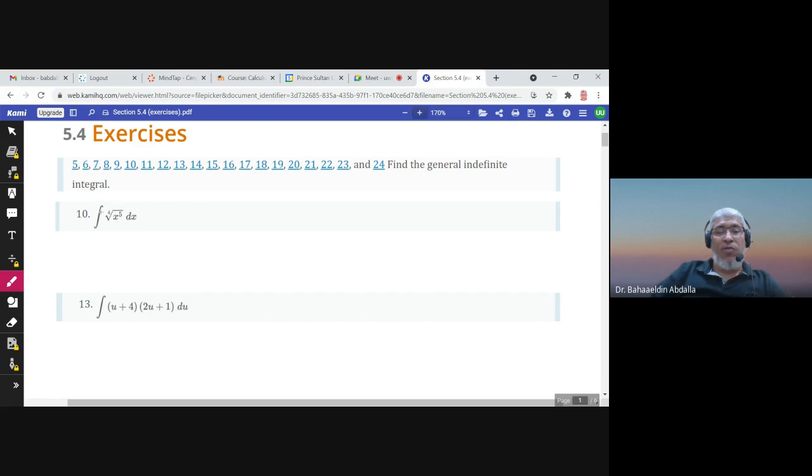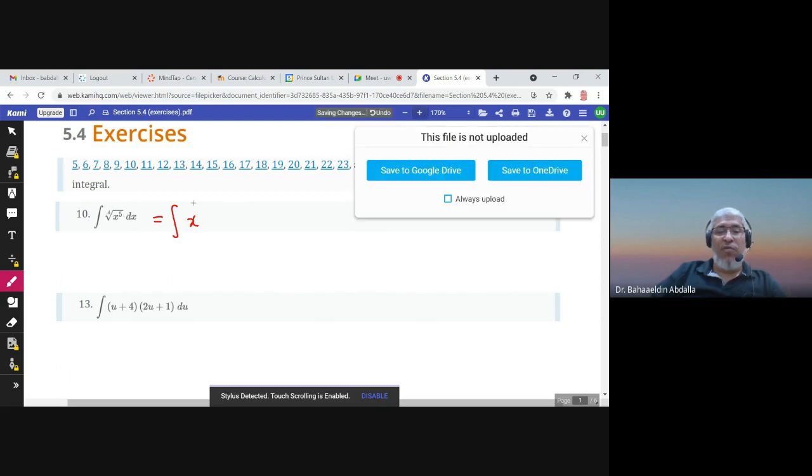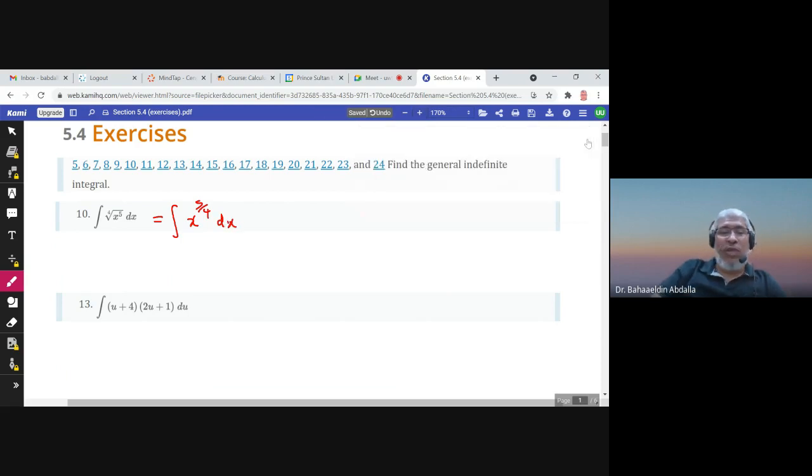To find this integral, I write it x to the power 5 over 4 dx. Okay, there is a formula that enables you to change the power. If you have the nth root of b to the power m, you can write it b to the power m over n. So this is the one I used here.